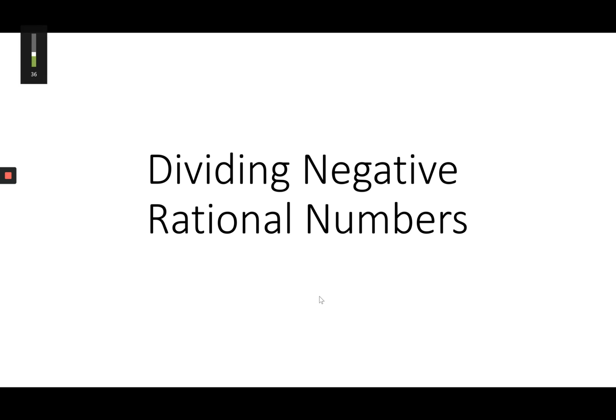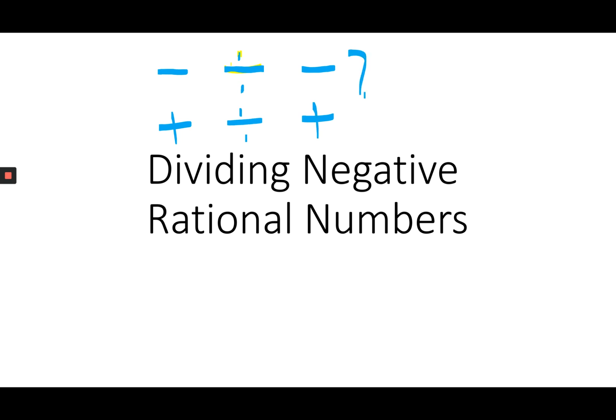In this video, we will talk about dividing negative rational numbers. So just remember when we divide two negatives, negative divided by negative, or when we divide two positives, when the signs are the same, the quotient, the answer, is always positive.